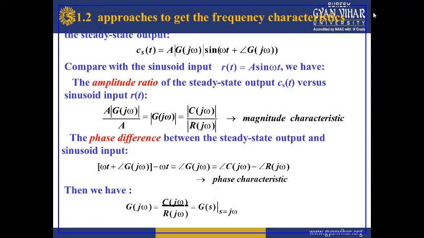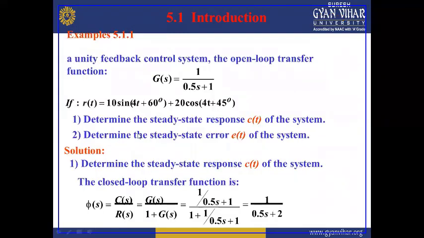In this way, we will be able to calculate G(jω), the frequency response of the system. Let's take an example now. Consider a unity feedback control system whose open loop transfer function has been given to you, that is G(s) equal to 1 upon 0.5s plus 1.